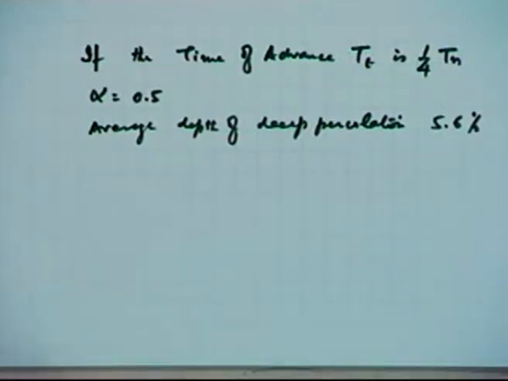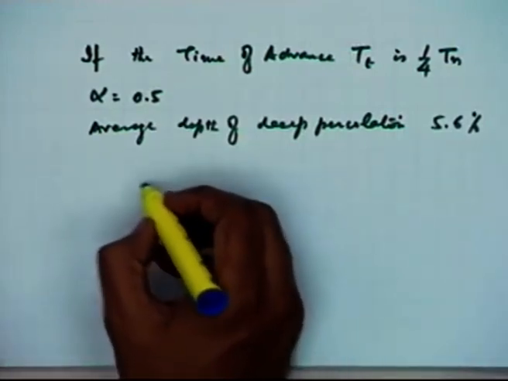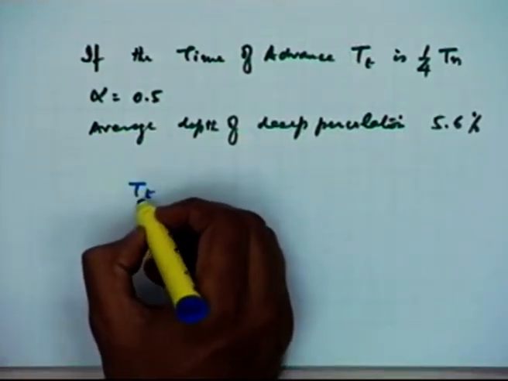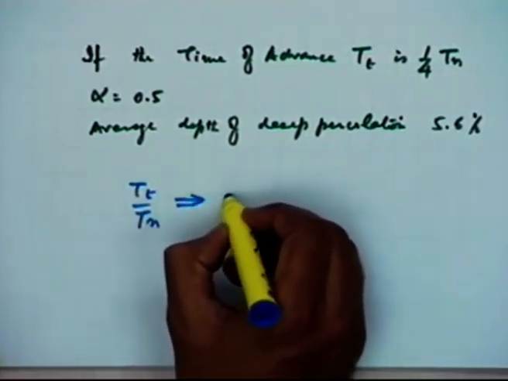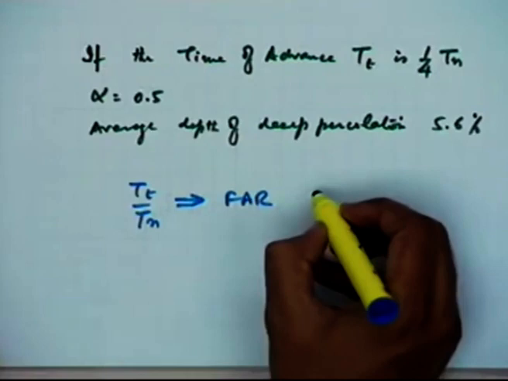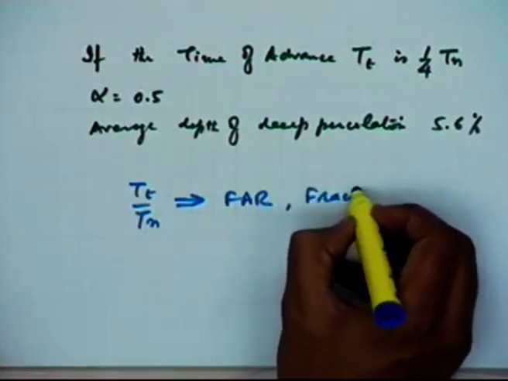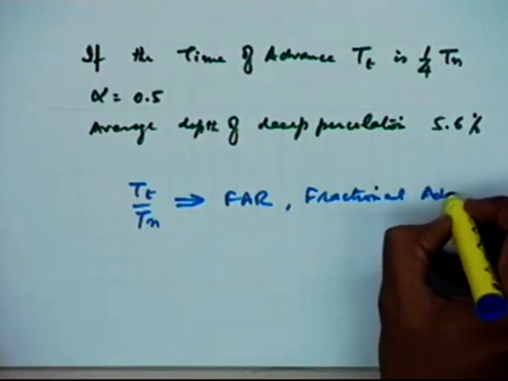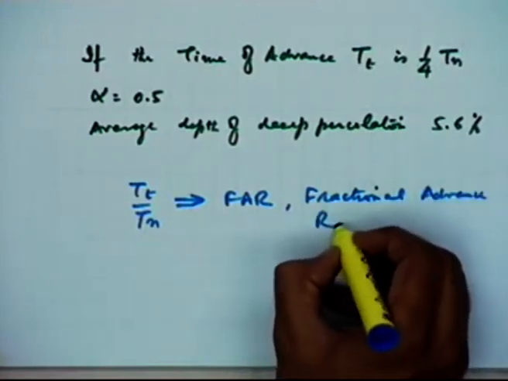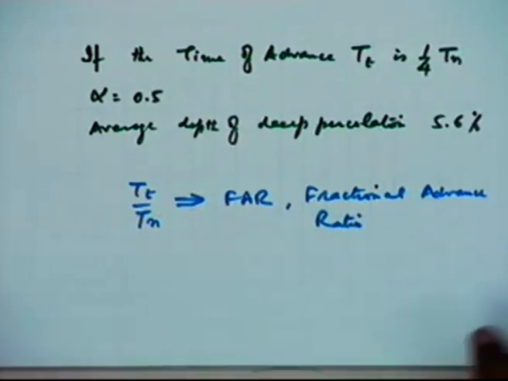This ratio Tt by Tn, we call it FAR, or fractional advance ratio.